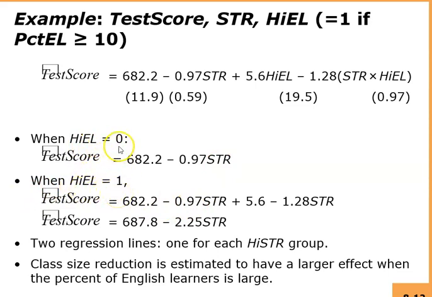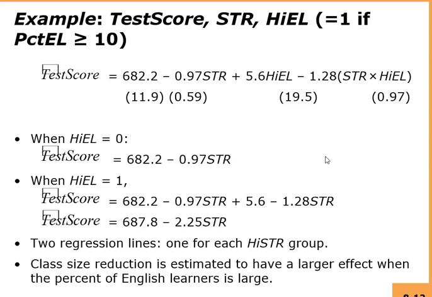So you simply substitute high EL equals 0 into this equation, and it will yield you 682.2 minus 0.97 STR. On the other hand, when you substitute high EL equals 1 into this equation, it will yield you 687.8 minus 2.25 STR. Obviously this follows from the calculation over here.